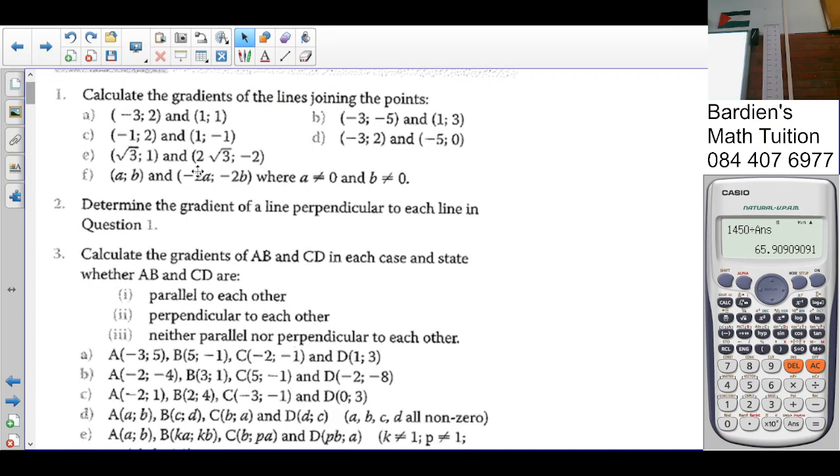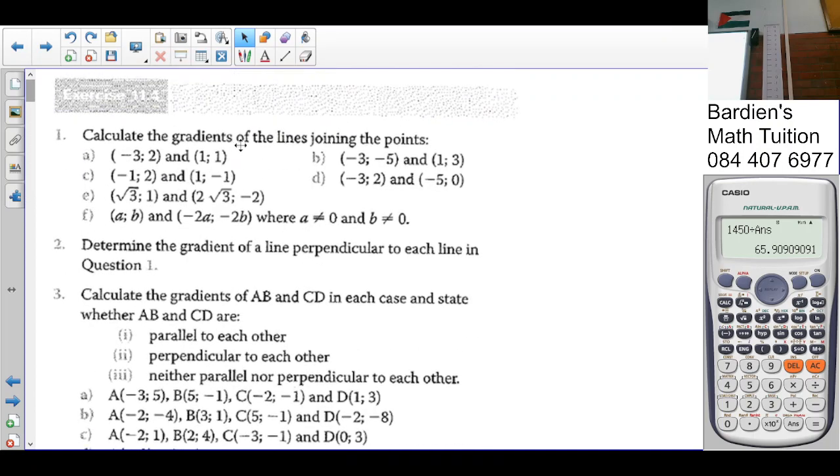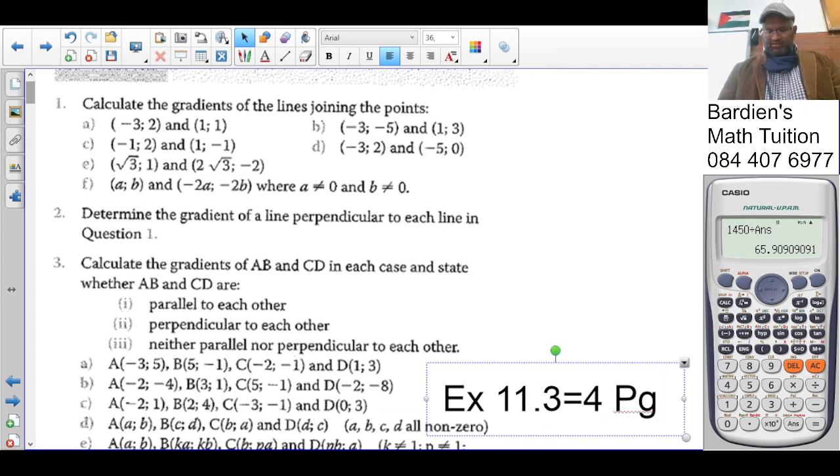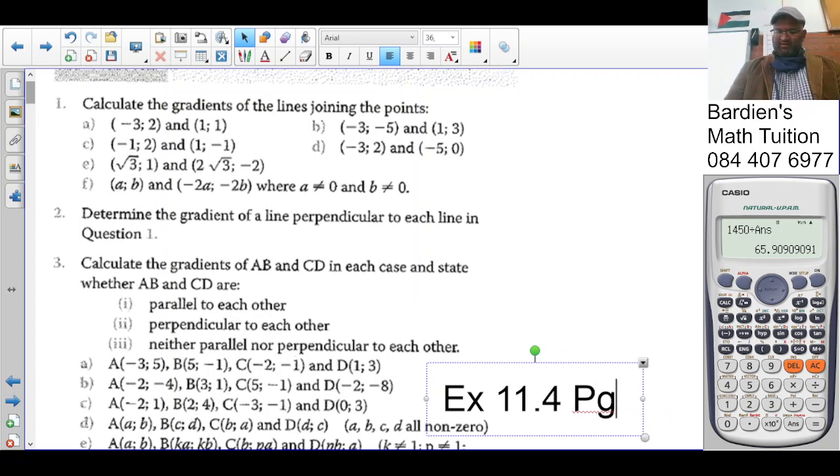Right. Calculate the gradient of the line joining. So this is exercise 11.4. And this was on page 521.